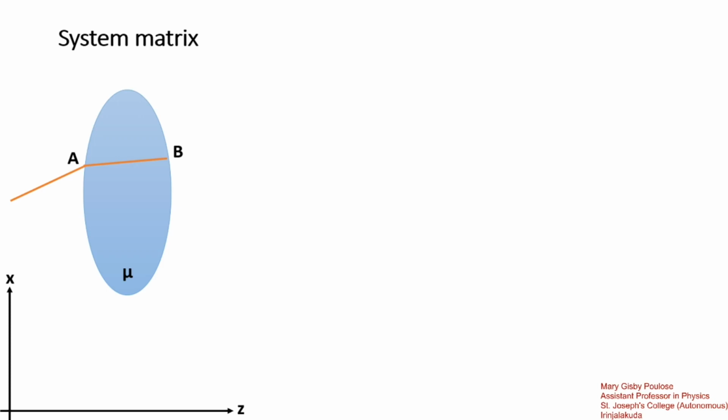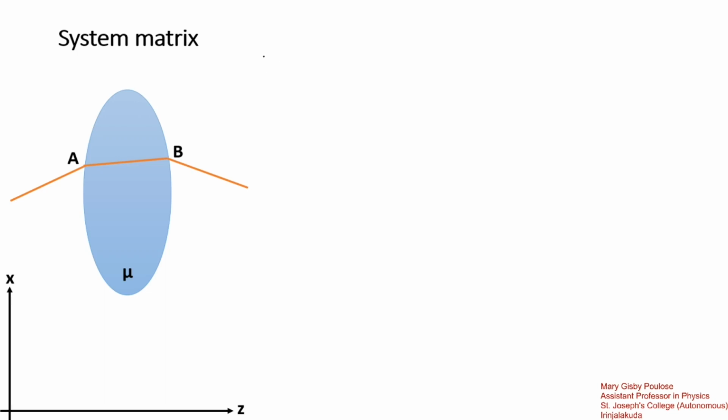And at point B, which is the boundary between two different media, it will undergo the second refraction. So in this optical component, light undergoes three basic operations: refraction at the first surface, translation through the lens, and refraction at the second surface.